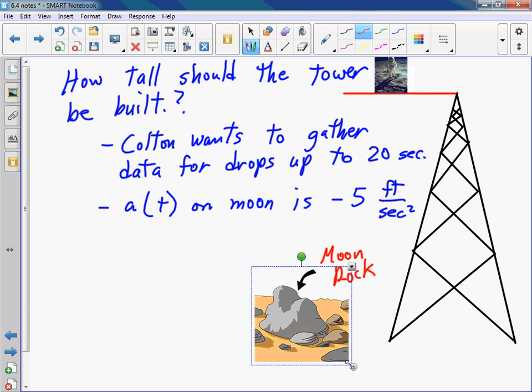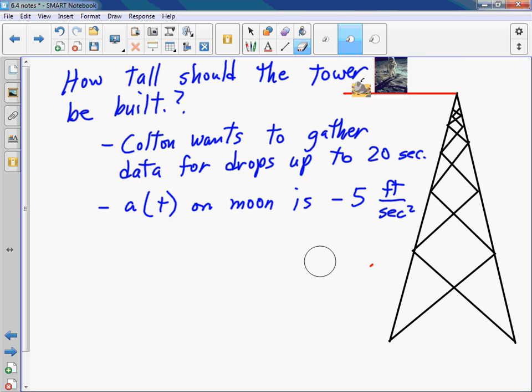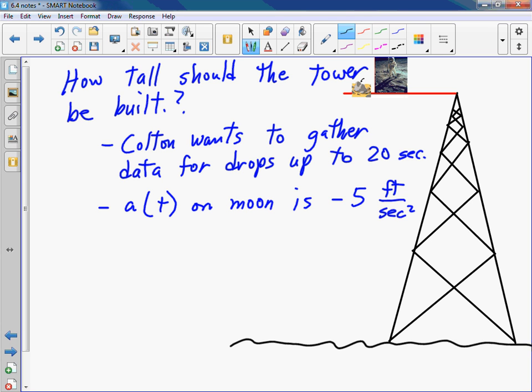He wants to take moon rocks up on the tower and drop them off at various heights and research what happens when they hit the moon dust. There's dusty moon down here. It's been there for a long time.